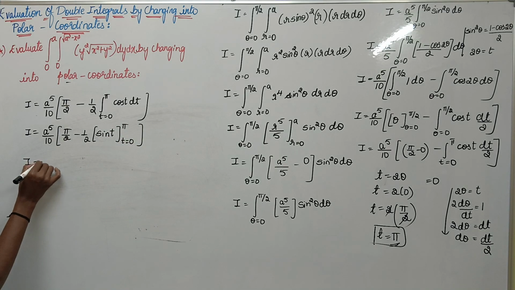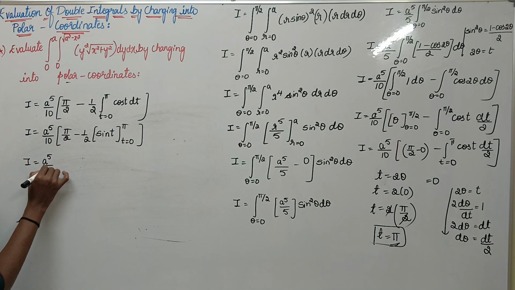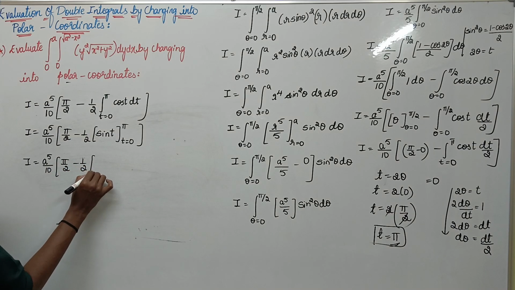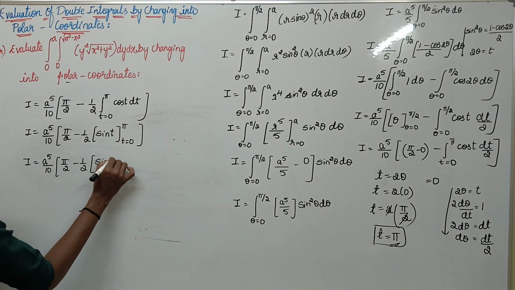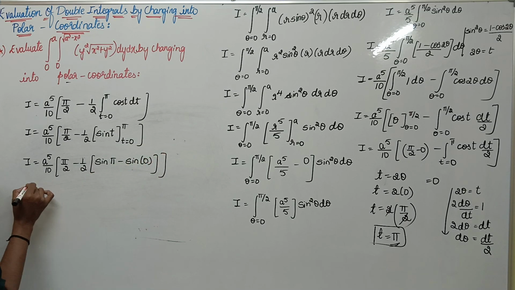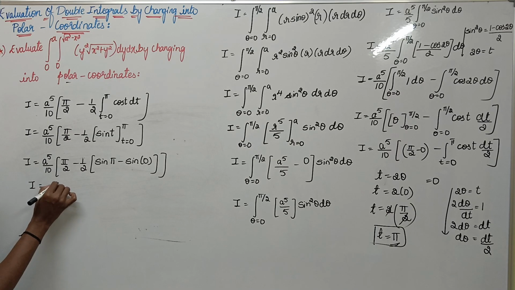That is I equal to a power of 5 by 10 into pi by 2 minus 1 by 2 into sin pi minus sin 0. By using the calculator you can get the value directly.